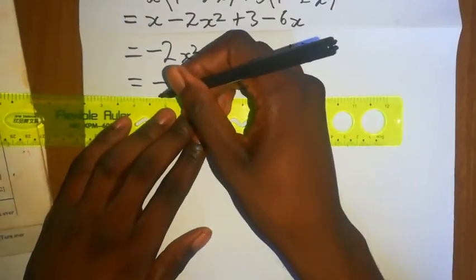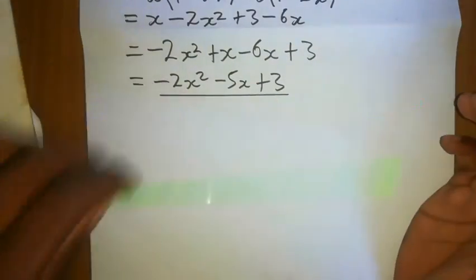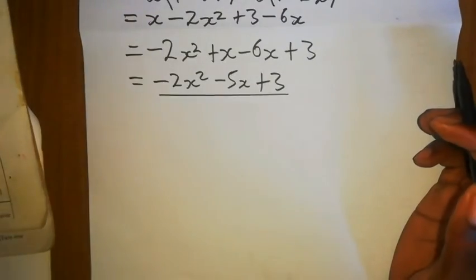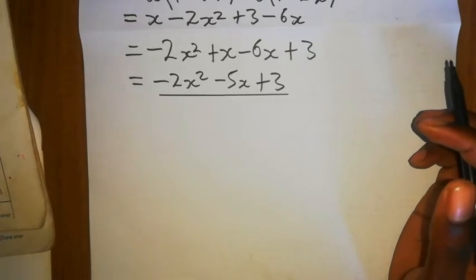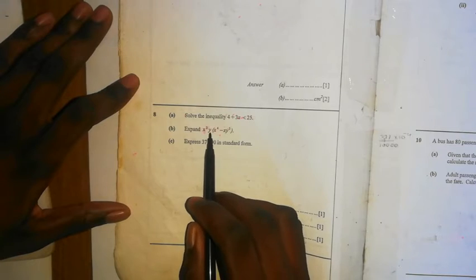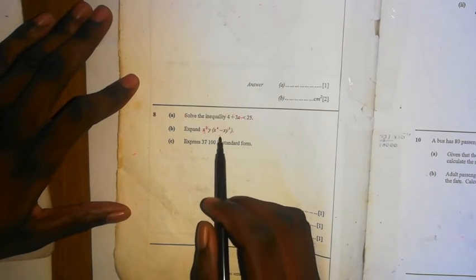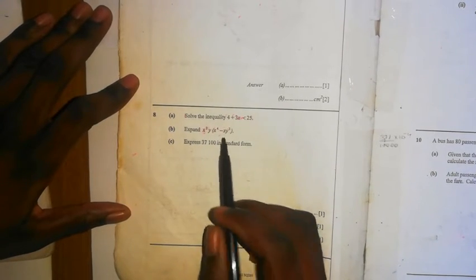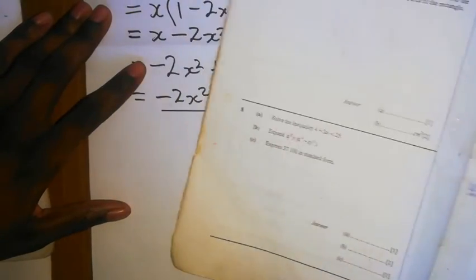Bear in mind, this is our November 2009. Then I'm going to take you through November 2001. This is our paper 1. The question reads: expand x squared y, then your bracket x to the power 4 minus x y cubed.